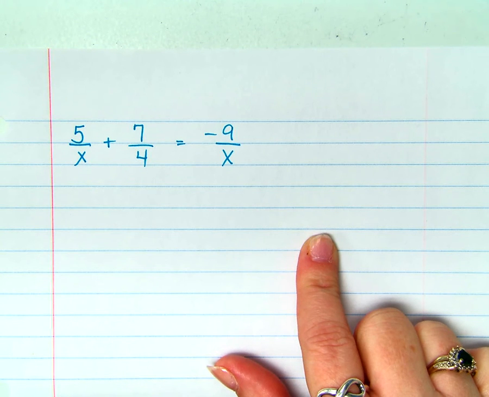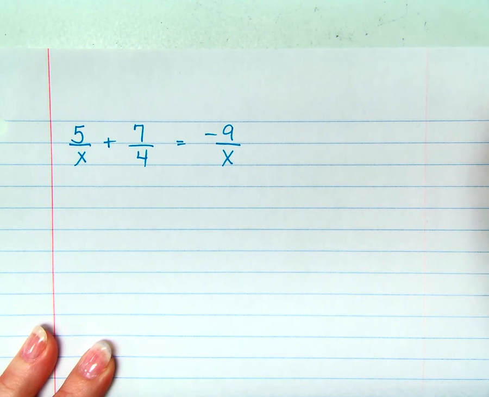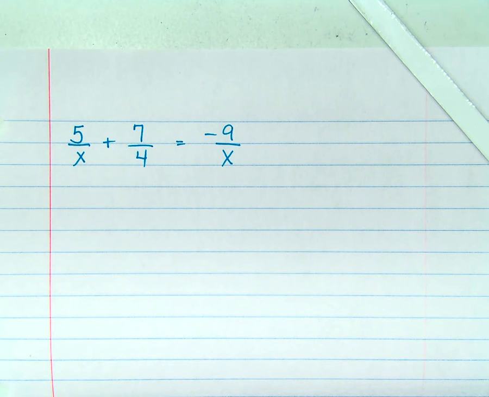So today's problems are going to be like this. They're going to be different because we cannot use cross multiplication to solve them. So let me ask you this. If you were given a choice, would you choose to work a problem containing a fraction, or would you choose to work a problem that doesn't contain a fraction?